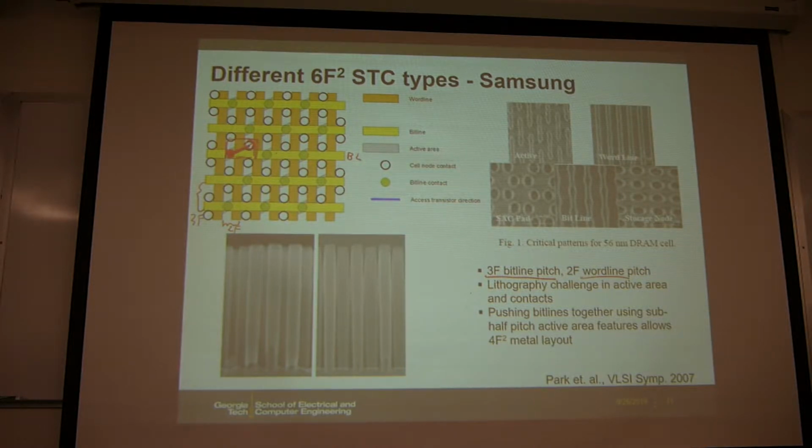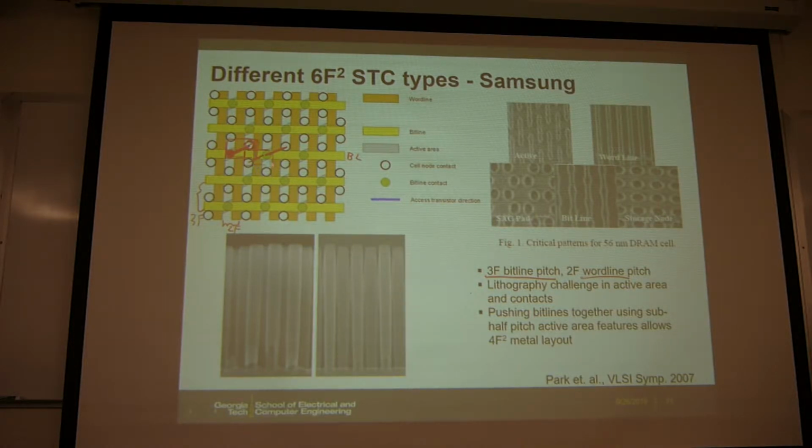Of course, you can have other cells, another transistor here, and then another cell there. This is another cell, so you have this. But equivalently, each cell occupies 3F by 2F, 6F squared.